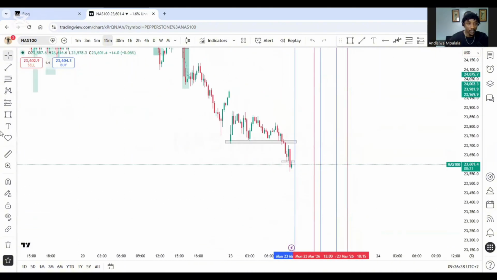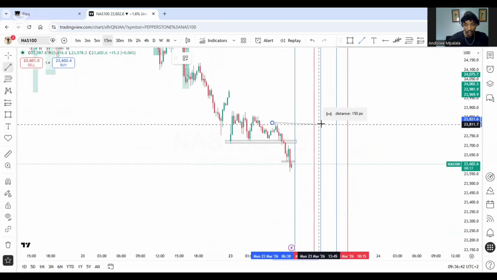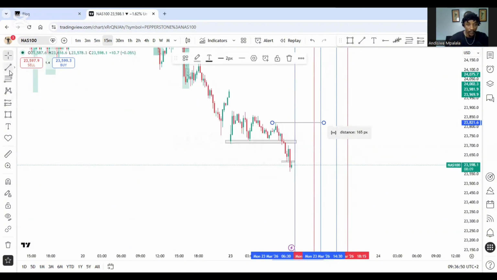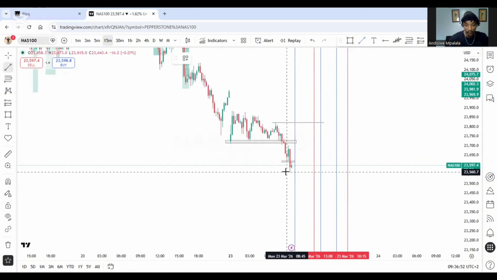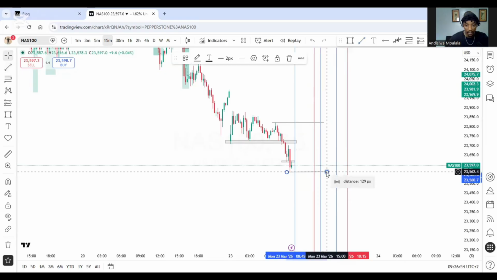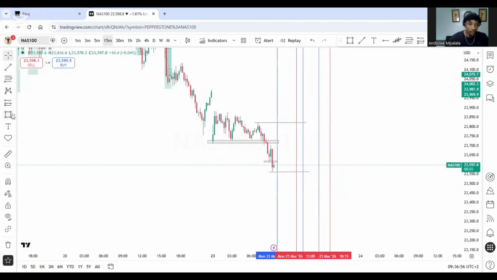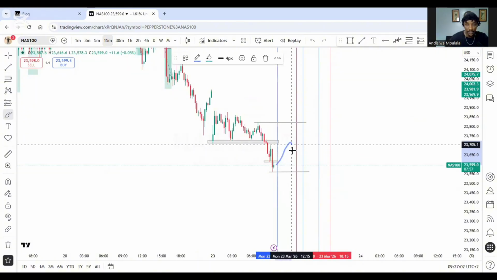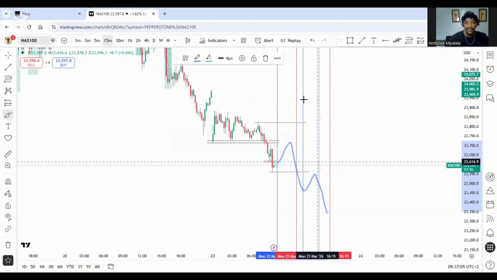Which range are we working with? We can see that this top here is the previous lower high that we had, and then we could possibly be making a lower low here to retrace price back into the range for a continuation down.